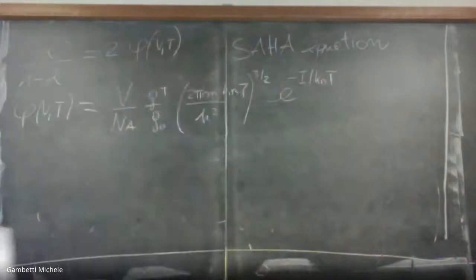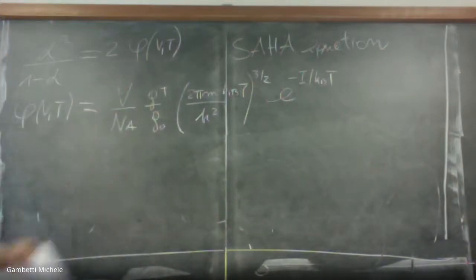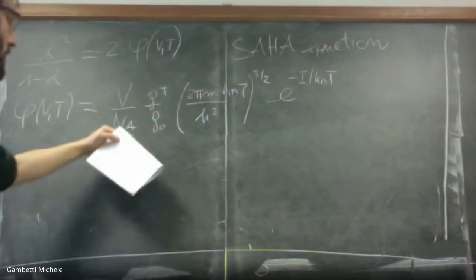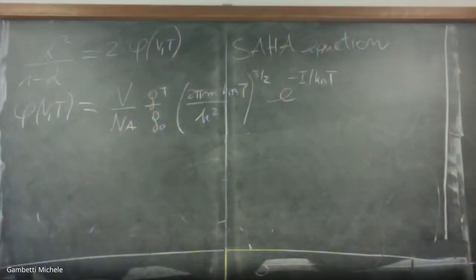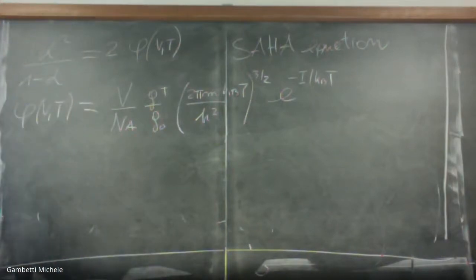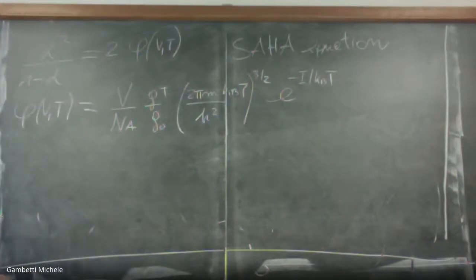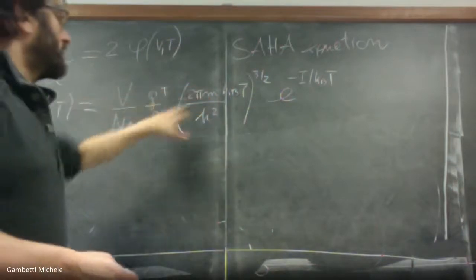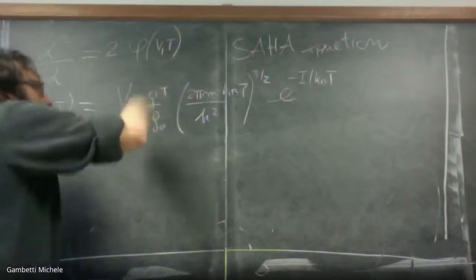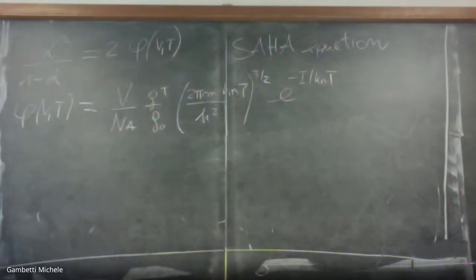And as you see, that provides the degree of ionization as a function of this quantity here that contains volume, which is usually fixed, and the number of atoms, which is also a fixed quantity, in the sense I will start with a fixed number of atoms. And then there are these constants that characterize the degeneracy. Here I have the mass of the electrons, and here I have the ionization energy.